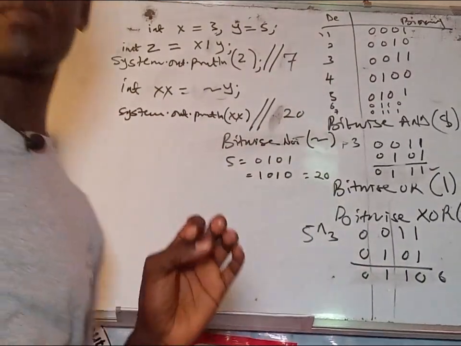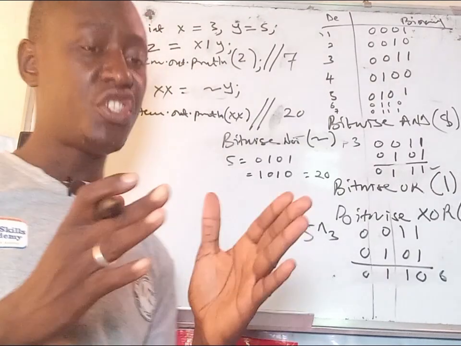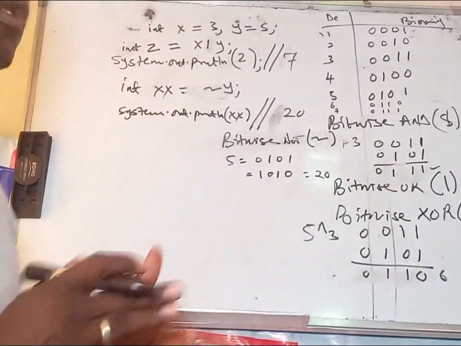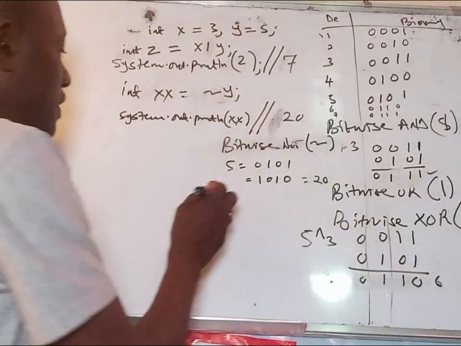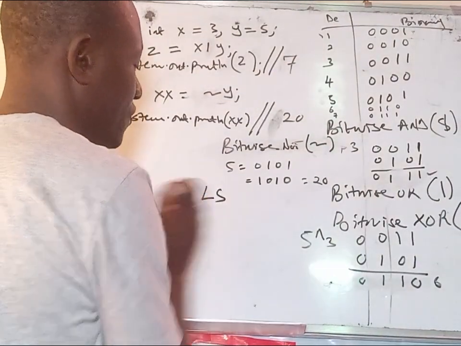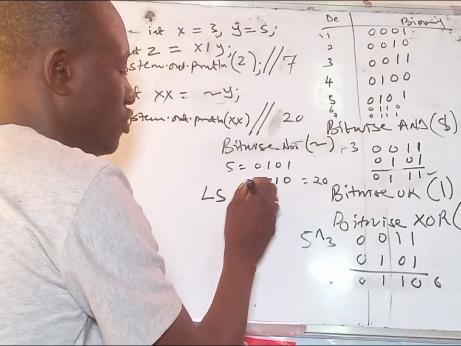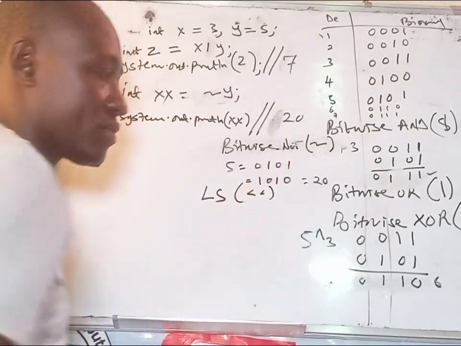So the next is going to be the shift, or left shift, bitwise operations. We call it left shift sometimes like this, or you can write it in full, which is denoted by the double less than sign.